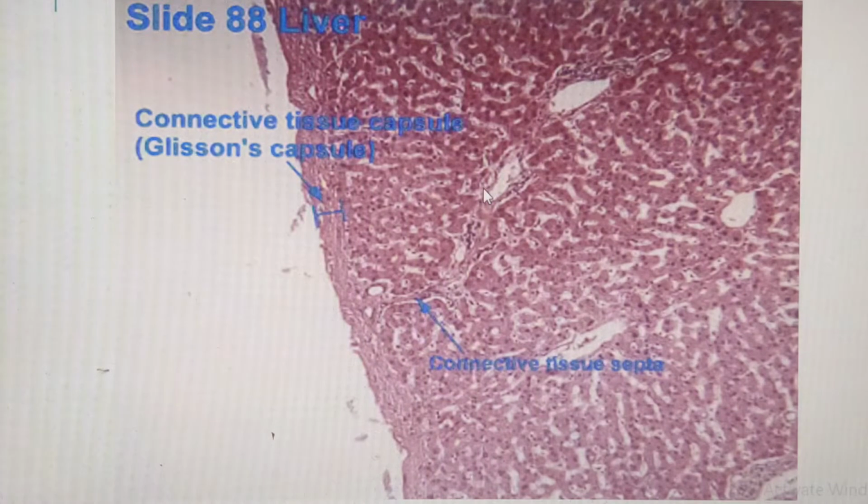For the liver, grossly, you can see the lobes by way of the largest right lobe, followed by the left lobe, the quadrate lobe, and the caudate lobe. Those are grossly discernible; you can see them with your naked eye.